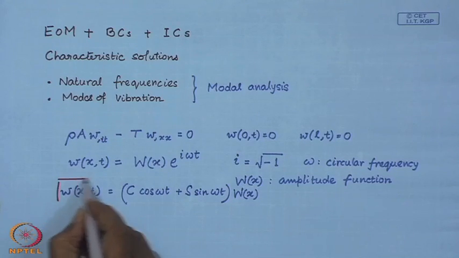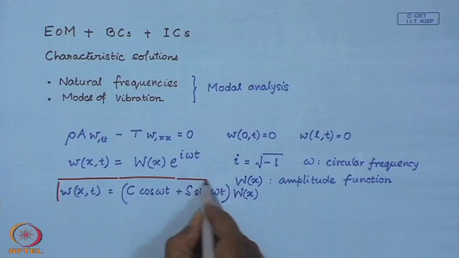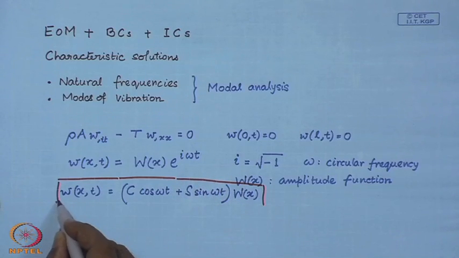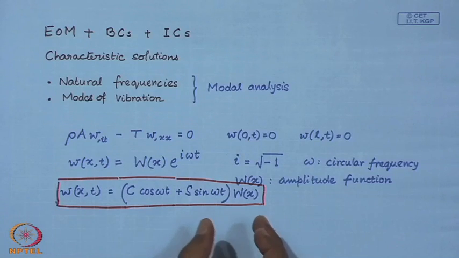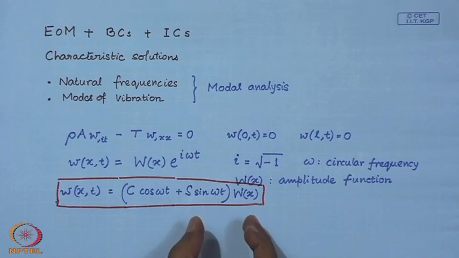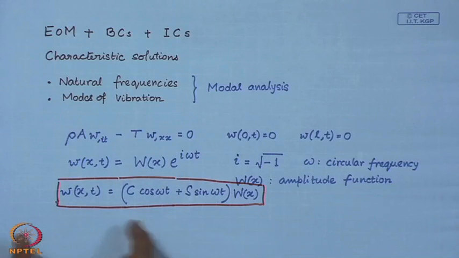So, if you consider that w is a real function, and as I mentioned that you can take the linear combination of the real and imaginary parts of this complex solution form as the general solution, then your solution looks like this.